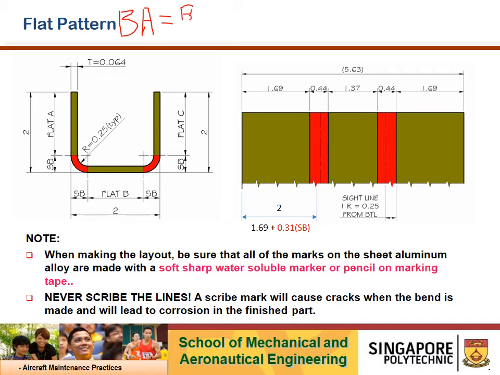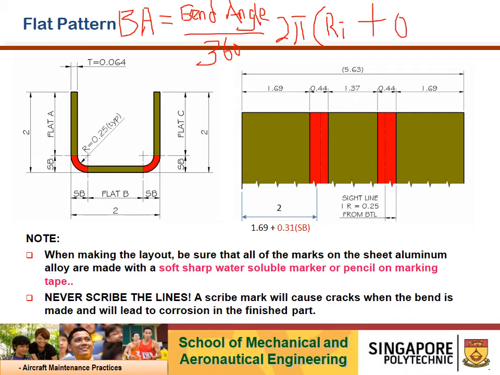It's based on your bend angle, which in this case is 90 degree divided by 360, multiplied by 2 pi, open bracket, then the bend radius, which in this case is 0.25.